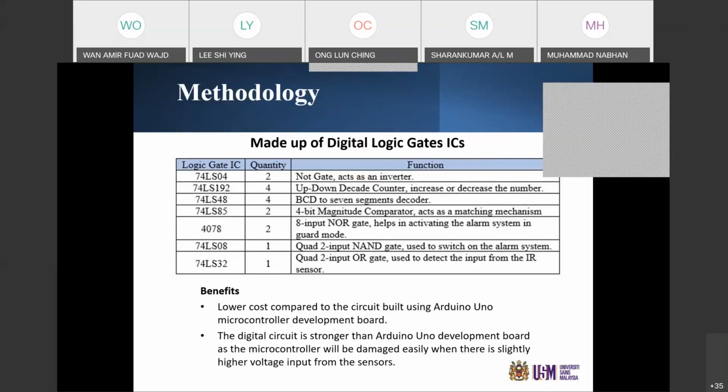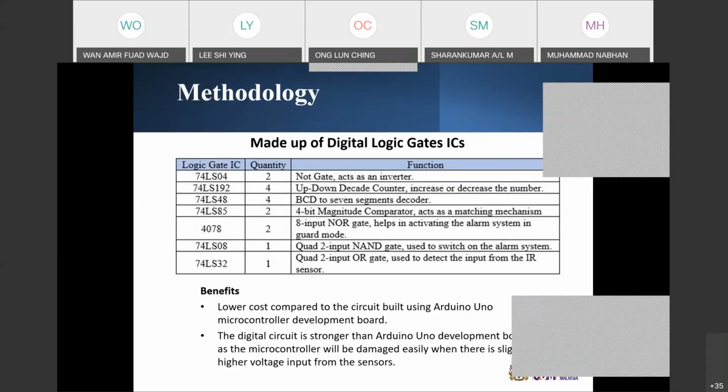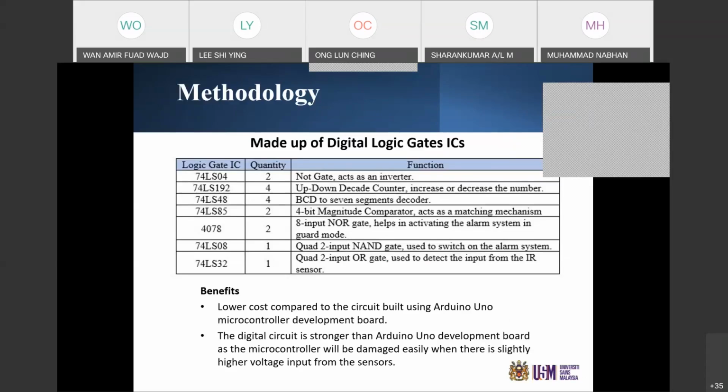And 4078 is an 8-input NOR gate that helps in activating the alarm system in guard mode, which is in the security system. And LS08 is a quad 2-input AND gate used to switch the alarm system. And LS32 is a quad 2-input OR gate used to detect the input from the IR sensor.